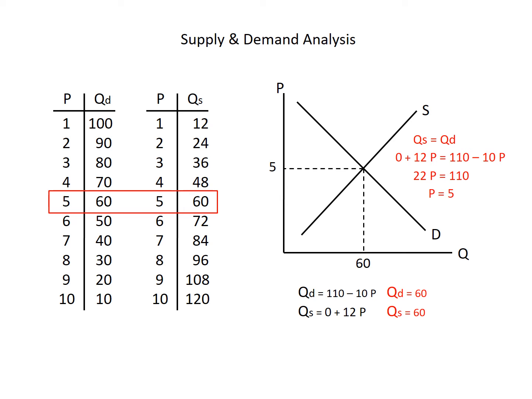Humans can only envision three physical dimensions. And since each axis requires a physical dimension, height, length, and depth, you're confined on a graph to three variables, two independent variables and one dependent variable. And that's why you'll need to be able to work with equations.